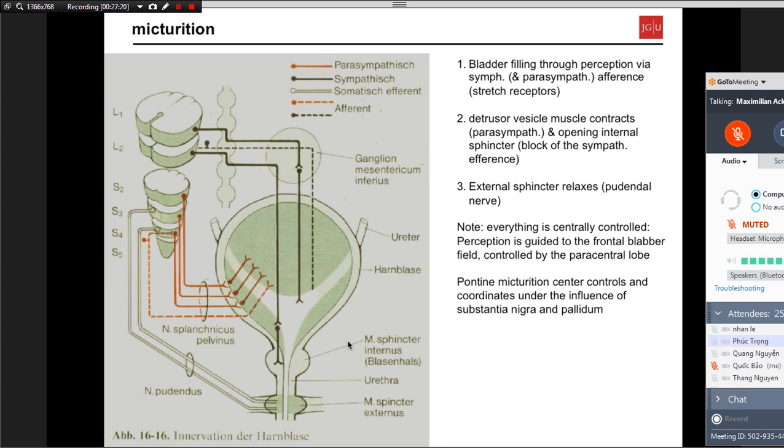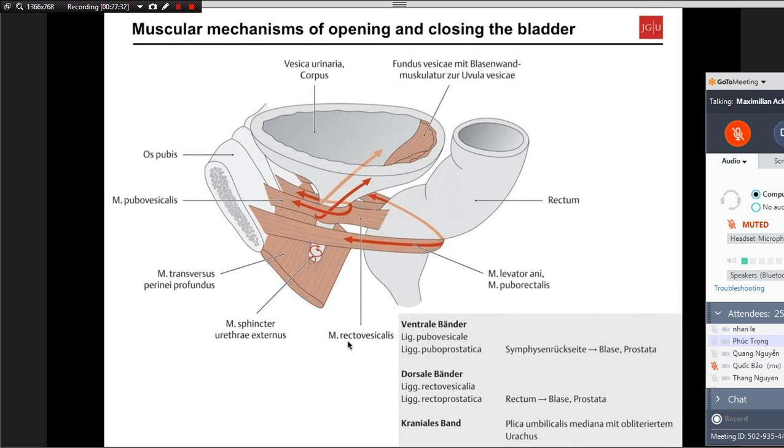So where is the micturition center? In the brain, it's in the pons. It's the so-called pontine micturition center, which controls and coordinates the micturition itself. So how it works with the relaxation of the bladder: the bladder is fixed by some muscles.